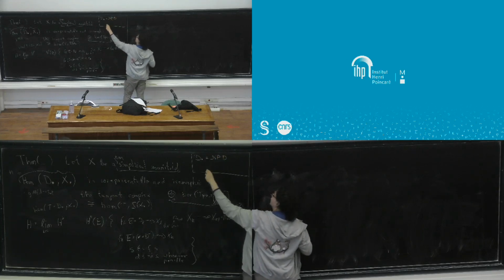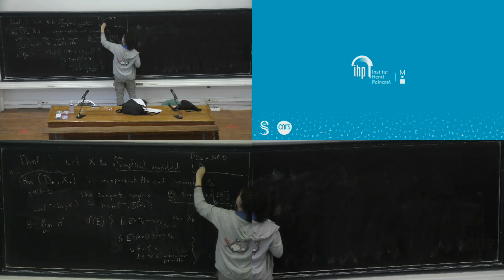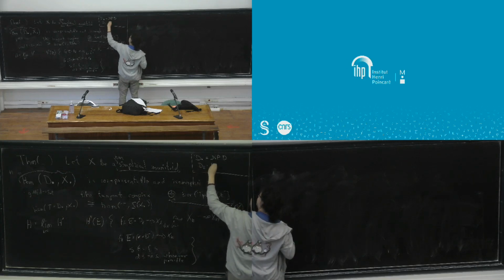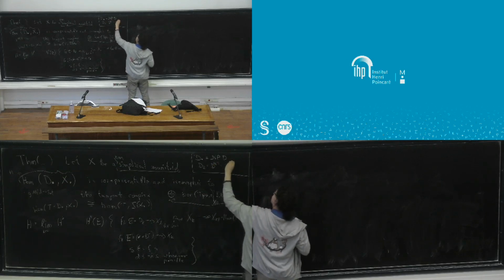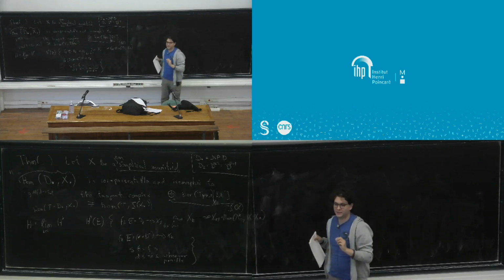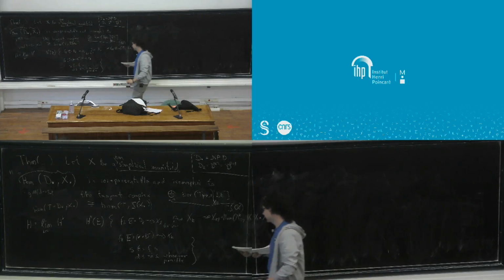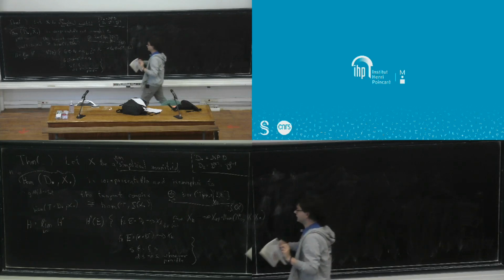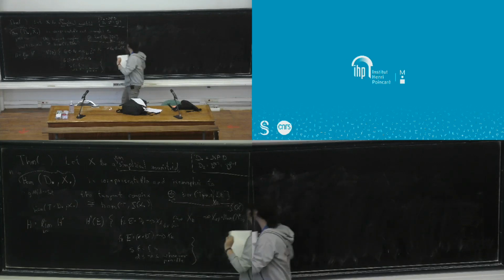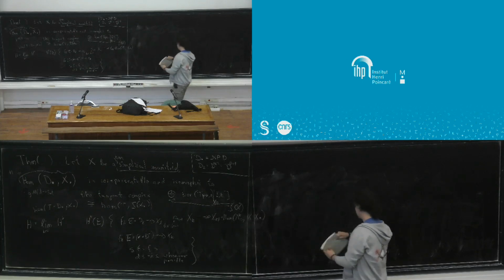Sorry, d_l is actually d to the power l plus 1 copies of d, and degeneracy maps and face maps of the simplicial manifold.